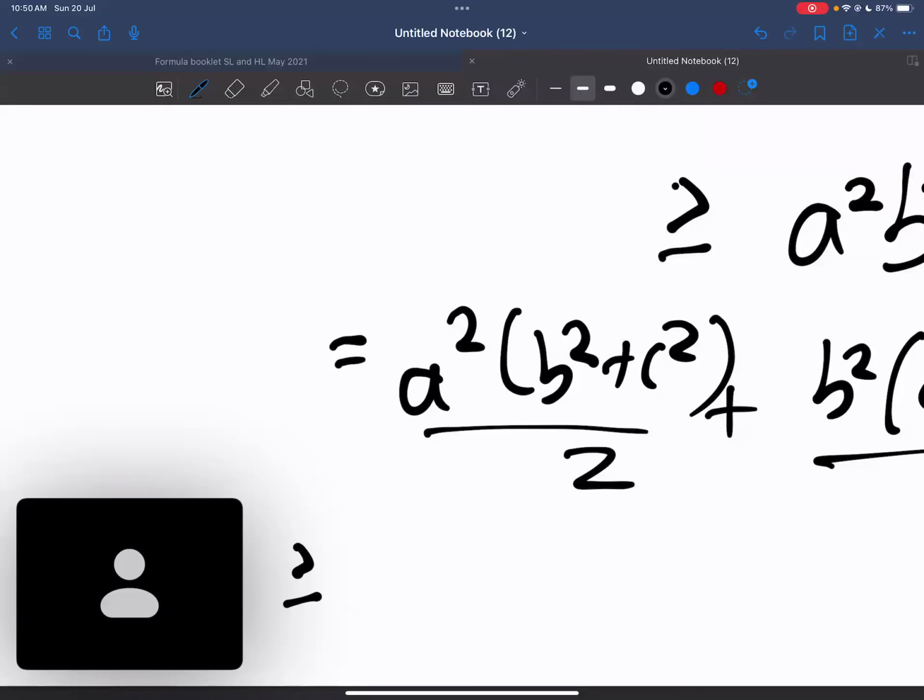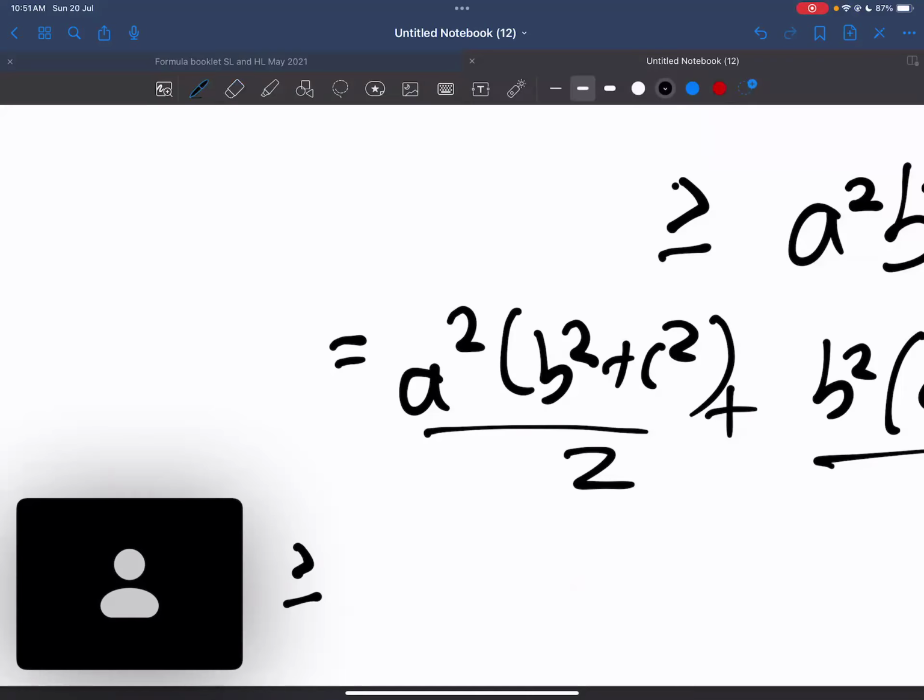What we're going to do is let's just ignore this one for now. So let's deal with what's inside the brackets. If we do AMGM on b squared plus c squared divided by 2, then that's going to give us b squared c squared, and we take the square root of that. So that will give us bc, right?